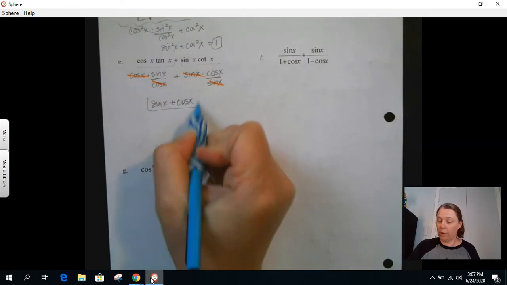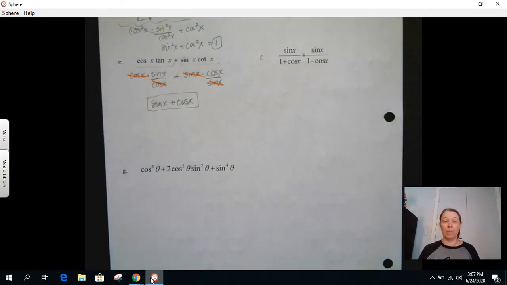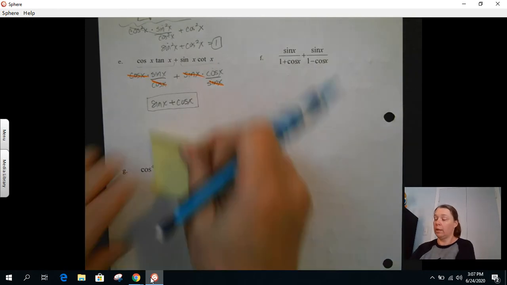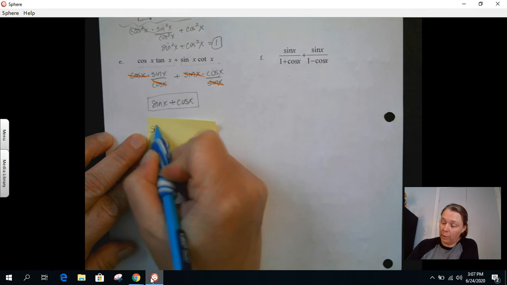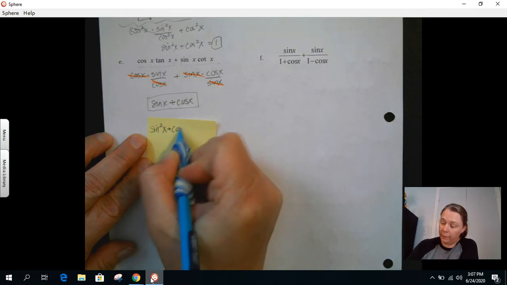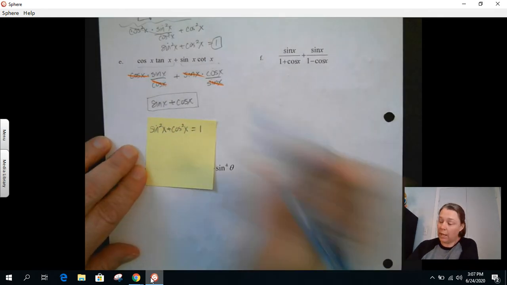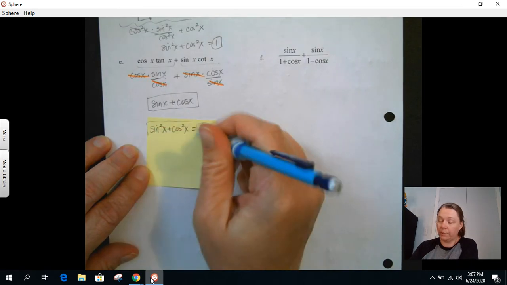Okay, if we were in class, there would be people who would say that answer is 1. Let me show you how they would get that, because it happens all the time. This is done, though. Here's what people would think. They would say, okay, this is an identity, and they would take the square root of both sides.